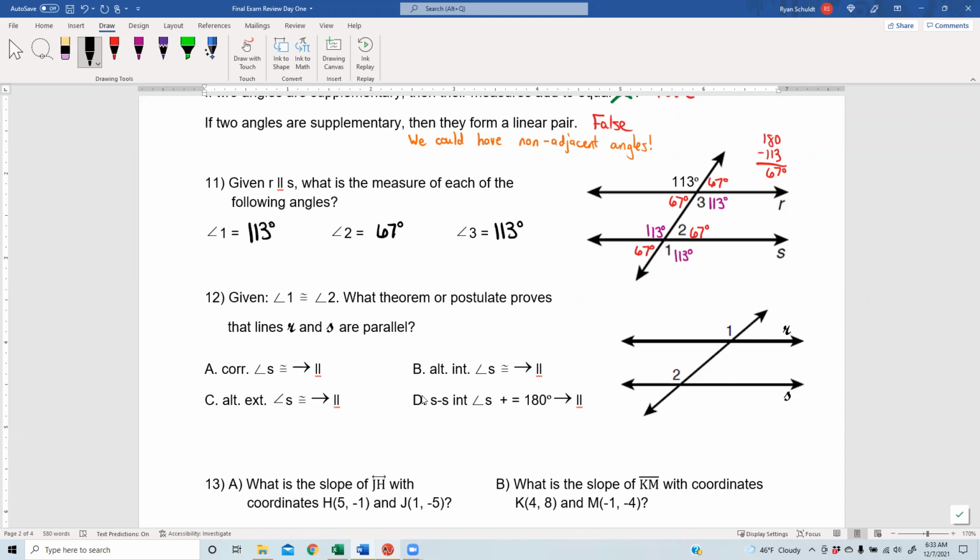Okay, so what kind of angles are 1 and 2? First question, are they on the same side or opposite sides of the transversal? They're on the same side, so we can cross out anything that says alternate. They're not on alternate sides.